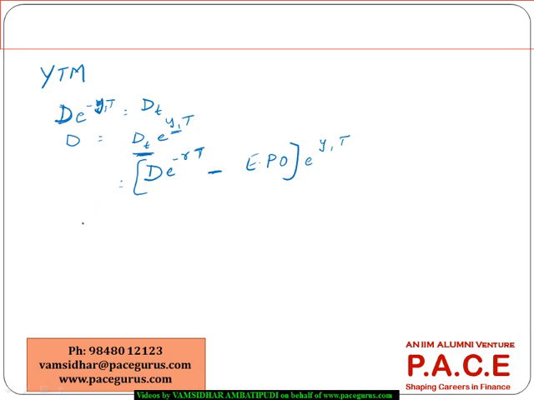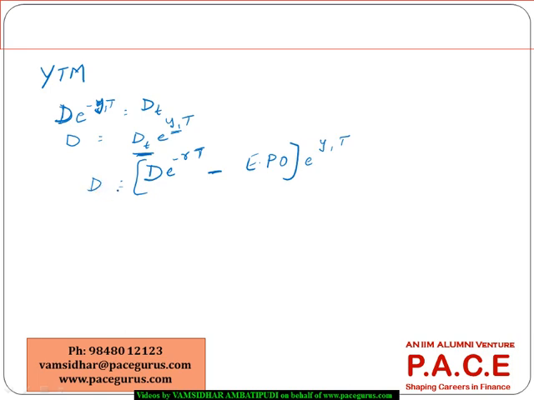So from here I can look at e to the power of y1t. This entire thing is becoming equal to d.